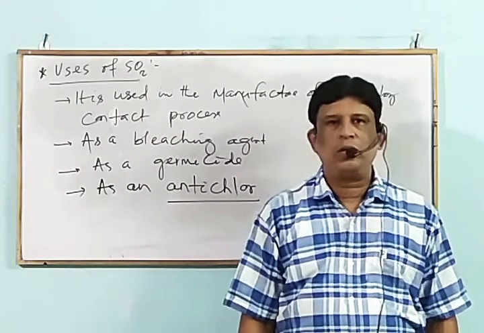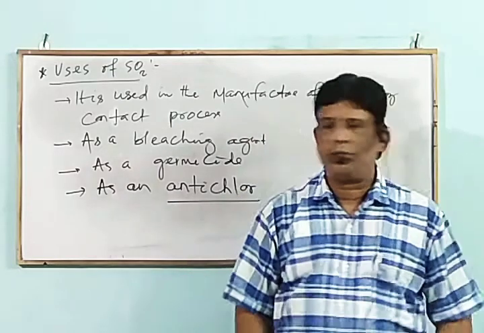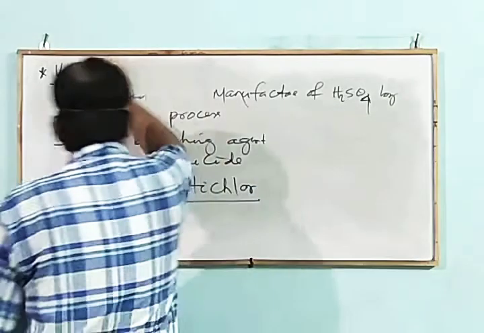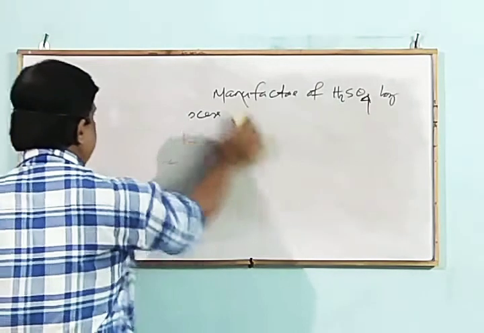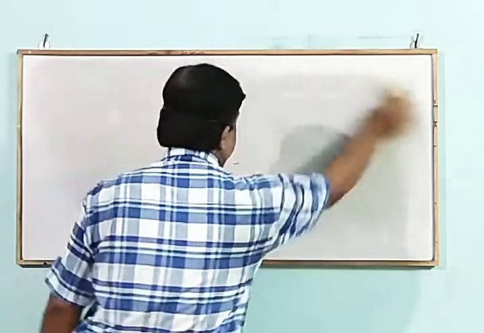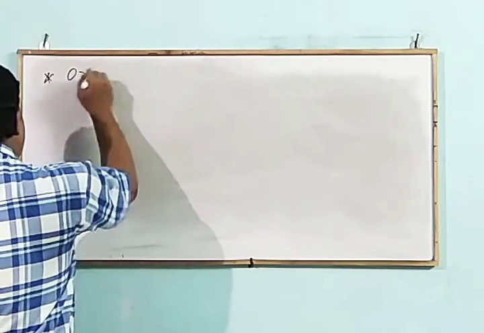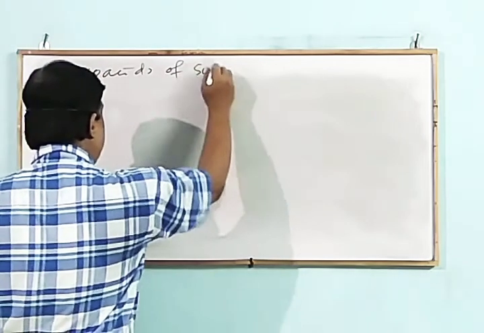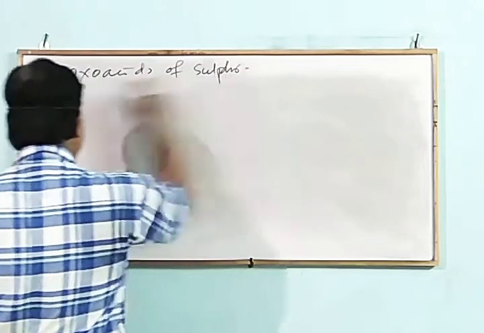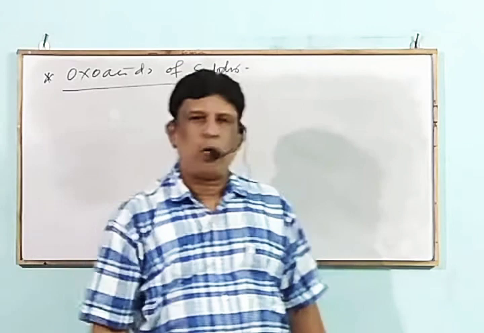Next, switch over to the oxoacids of sulfur. Sulfur forms a large number of oxoacids.